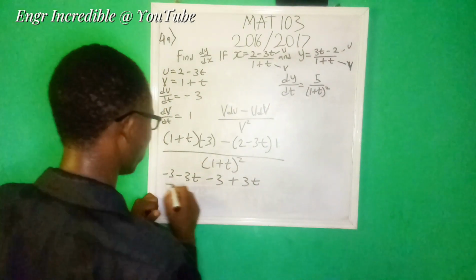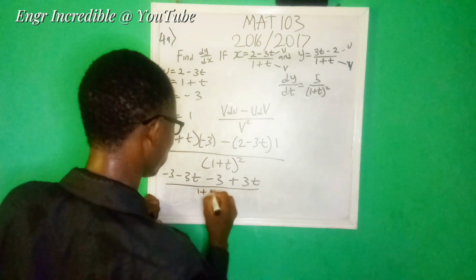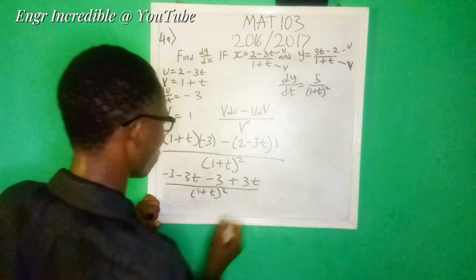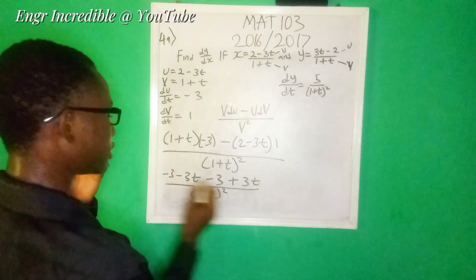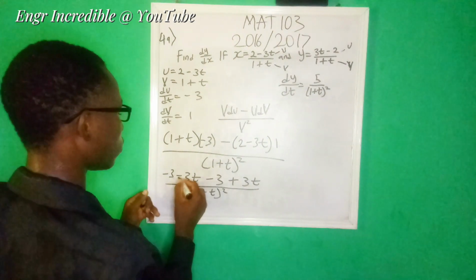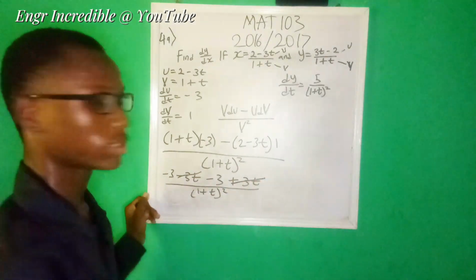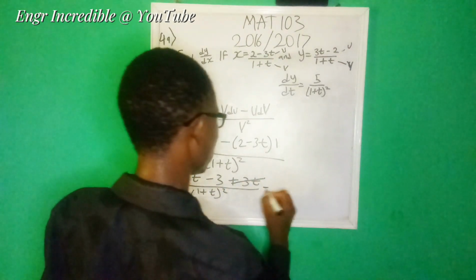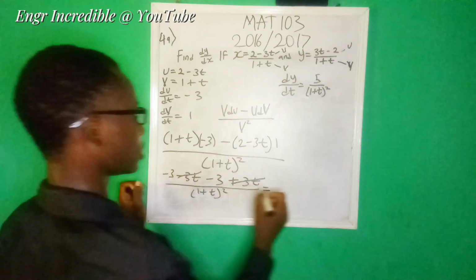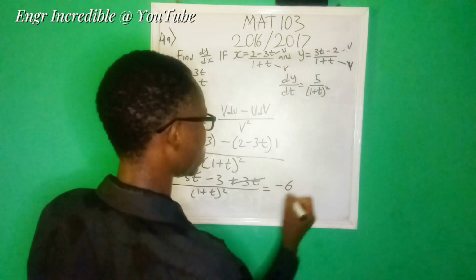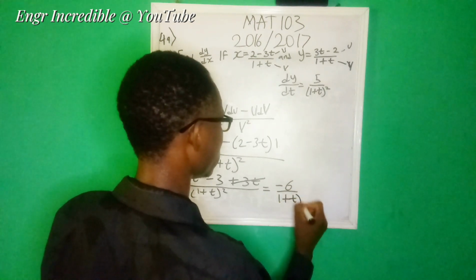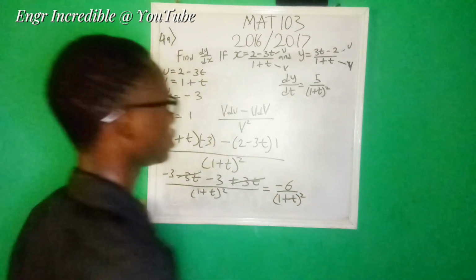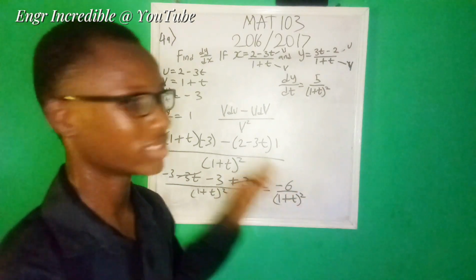So everything here divided by 1 plus t square. So we have 3 minus 3, then we have plus 3t minus 3t. So minus 3t will cancel plus 3t. The answer will be equals to minus 3 minus 3 minus 6 all over 1 plus t all square. This is our value for dx dt.